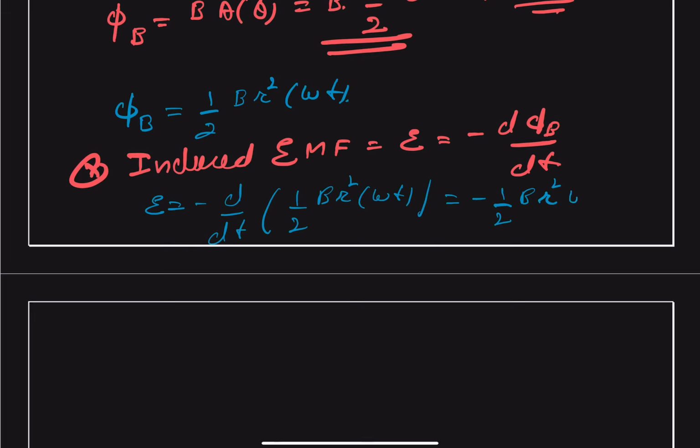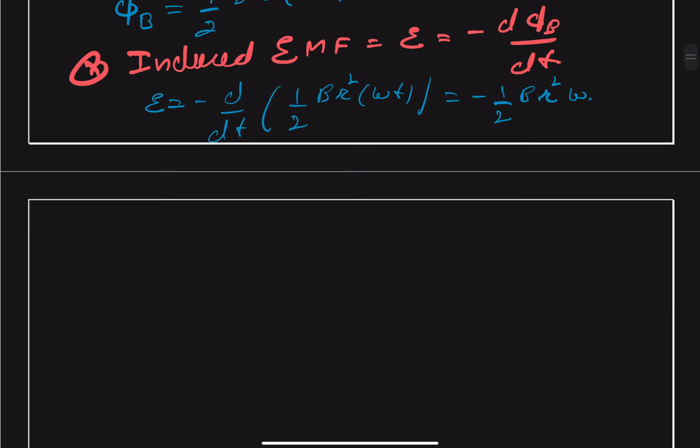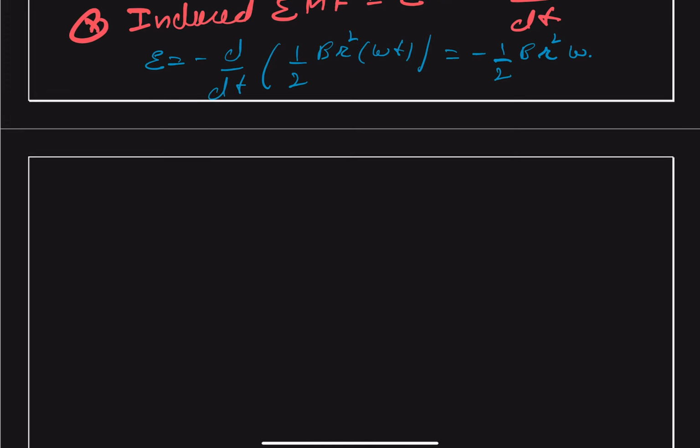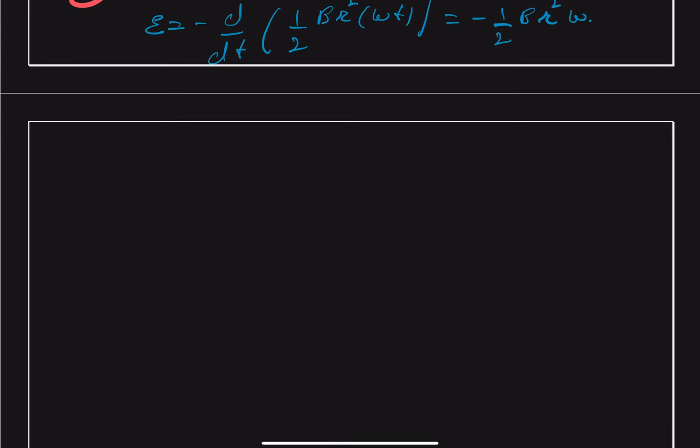multiplied by omega. But in this case we are mainly interested only in magnitude, therefore we can write that our induced EMF is half B r square multiplied by omega. Now we can find out the induced current.